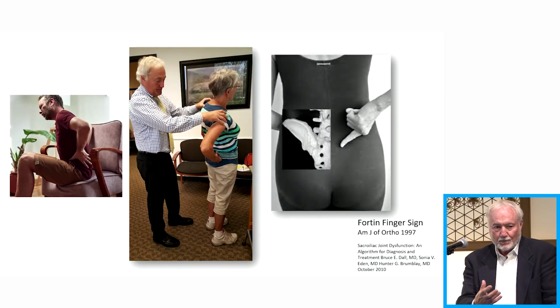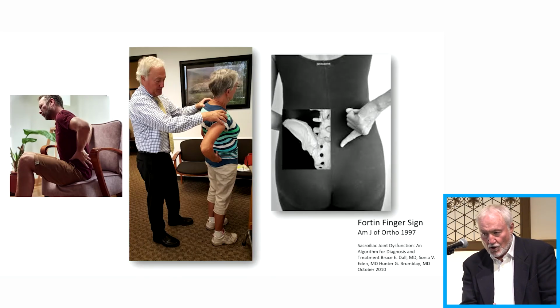You walk in your room like we've seen, and how they're sitting is a kind of clue. Then my go-to, when they sit there, is I'll do the tension signs. I'll do a few exams while they're sitting in the chair, while they're comfortable. But what I really like to know is how much of this might be coming from the lumbar spine, so I simply have them stand, point to where their pain is, and take them through some simple maneuvers: lateral flexion, extension, rotation, flexion.